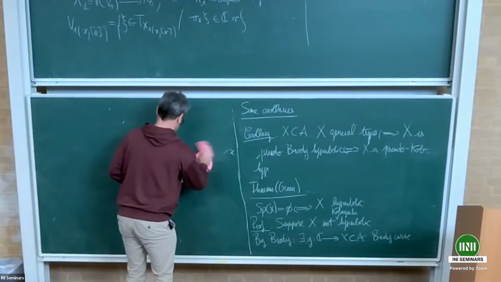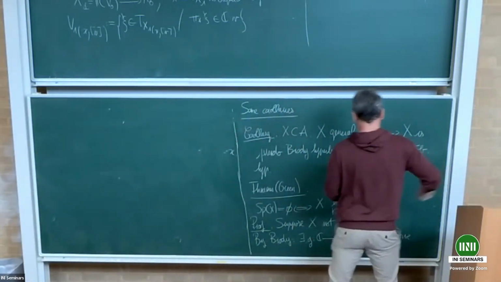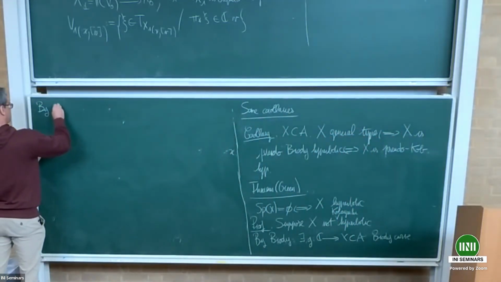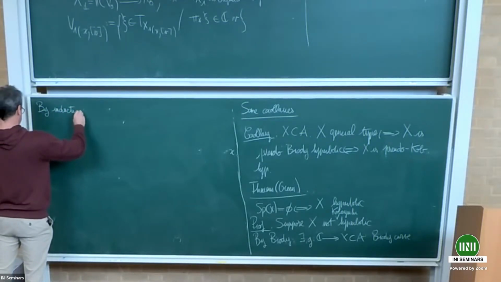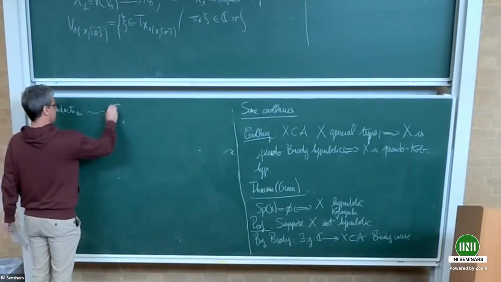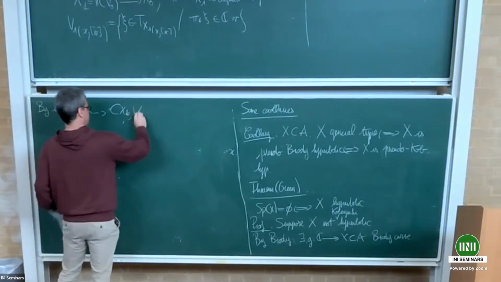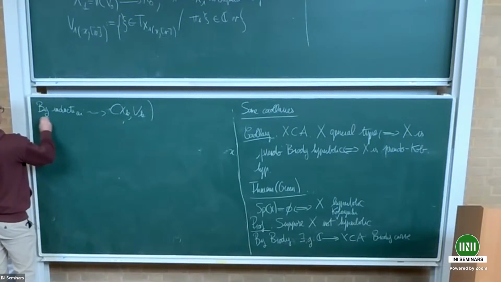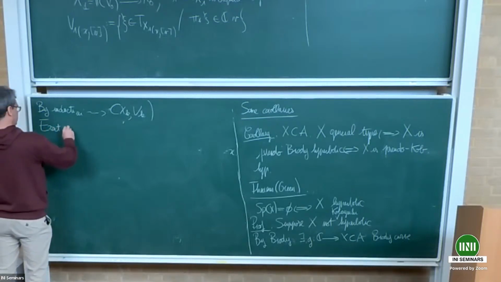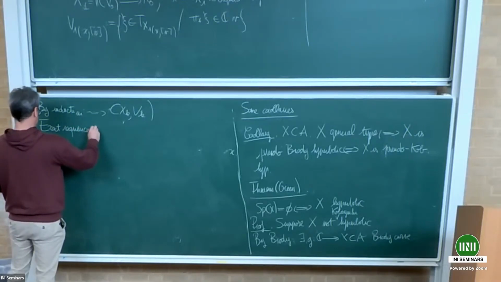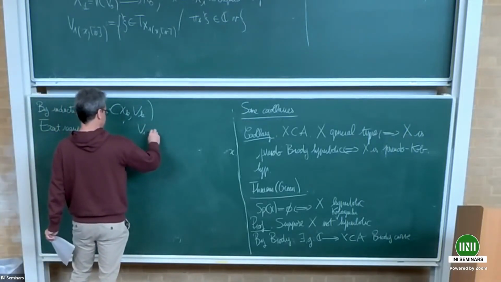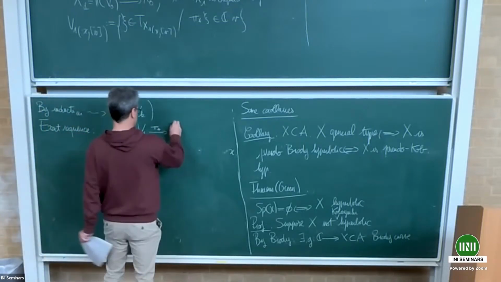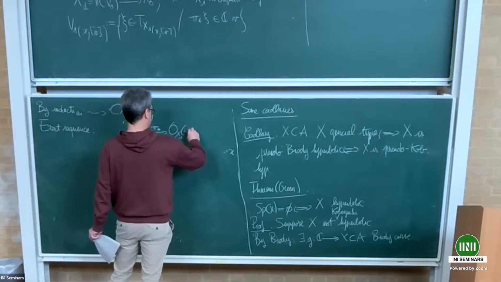And so by induction, you define Xk and Vk. An important exact sequence is that, by definition, the differential of pi maps this to the tautological line bundle, right?